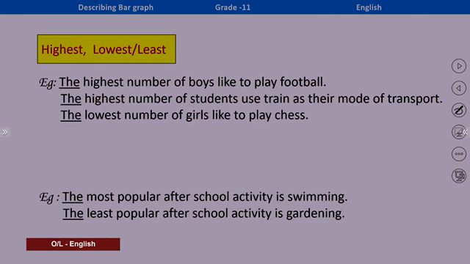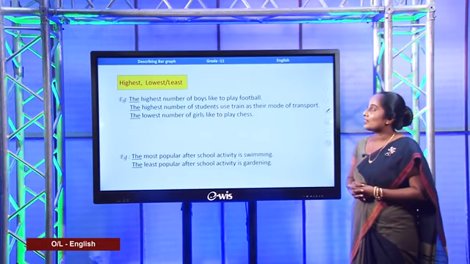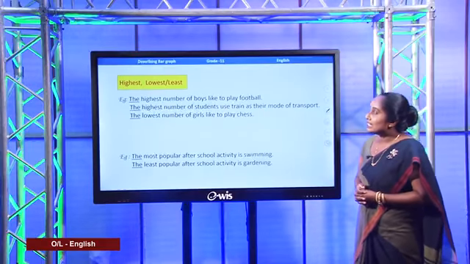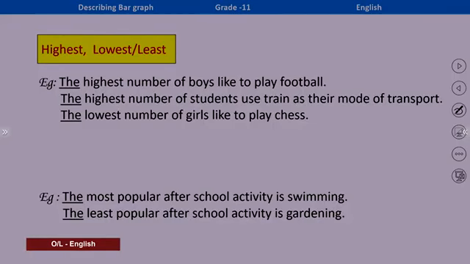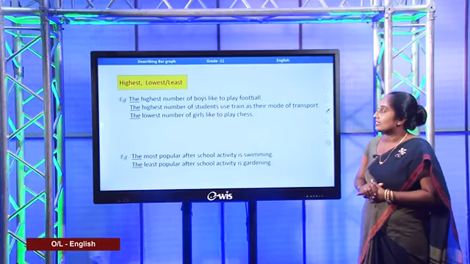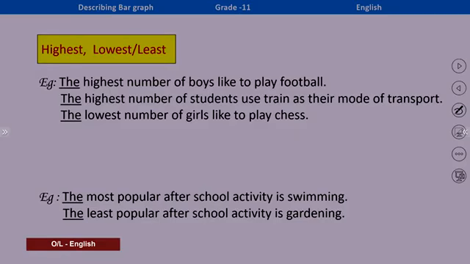That's why I have used the definite article the in front of those superlative adjectives. You may know these things. Look at the example. The highest number of boys like to play football. Second one, the highest number of students use train as their mode of transport.